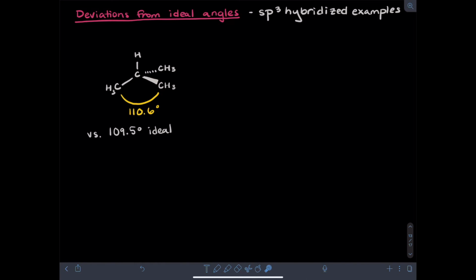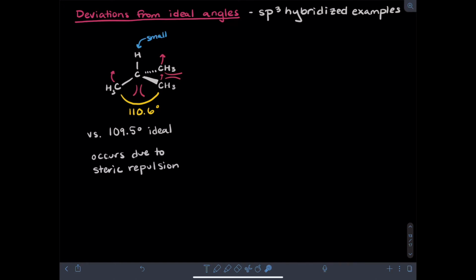The central carbon has sp3 hybridization, so we would expect an ideal bond angle of 109.5 degrees, but if you actually measure the angle from carbon to the central carbon to another methyl carbon, you get an angle of 110.6 degrees. So we have a deviation that makes the bond angle between the methyl groups larger.